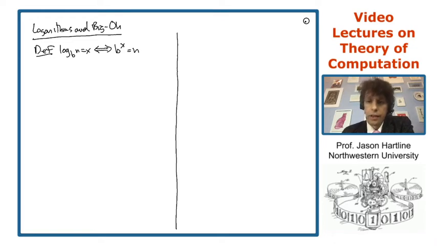Great. To get an appreciation for the logarithm, it's useful to remember that log base 10 of a number n is the number of digits to represent the number n.